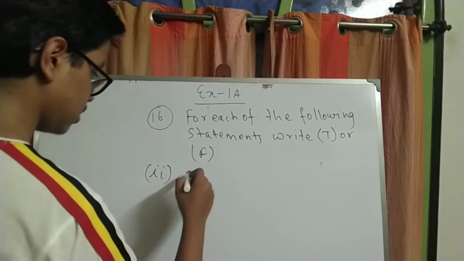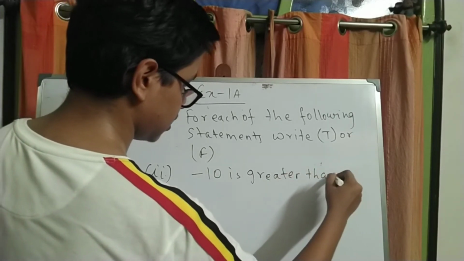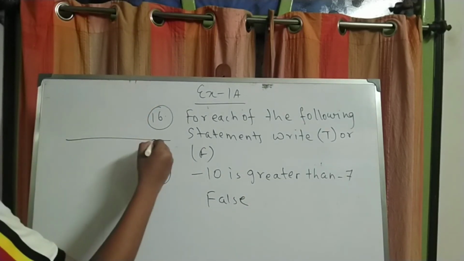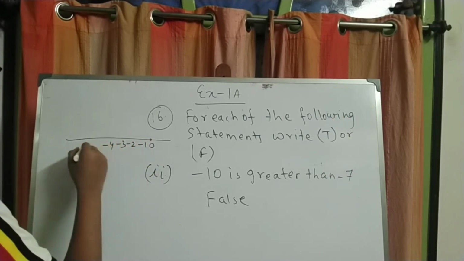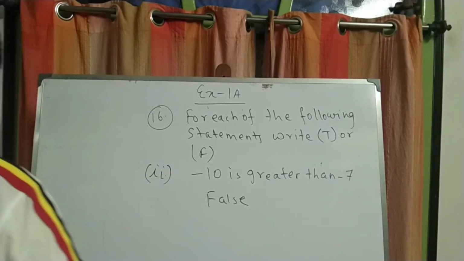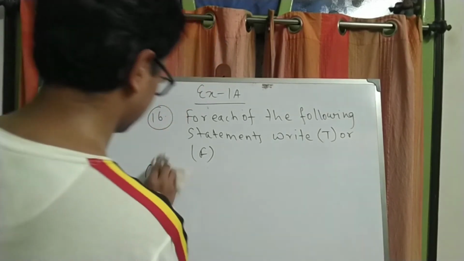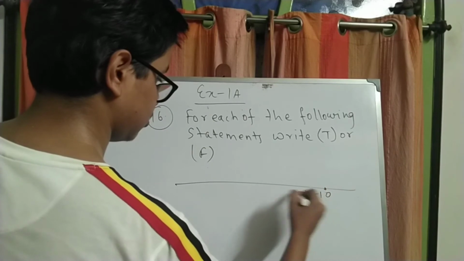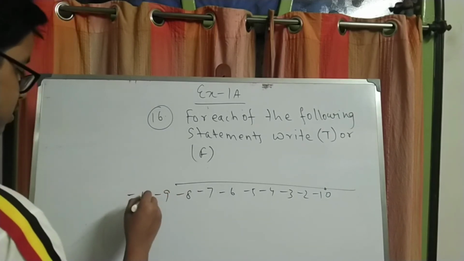Question number 2 is minus 10 is greater than minus 7. It is false, because I will show you one demo such as 0, 1, 2, 3, 4, 5, 6, 7, 8, 9, 10.